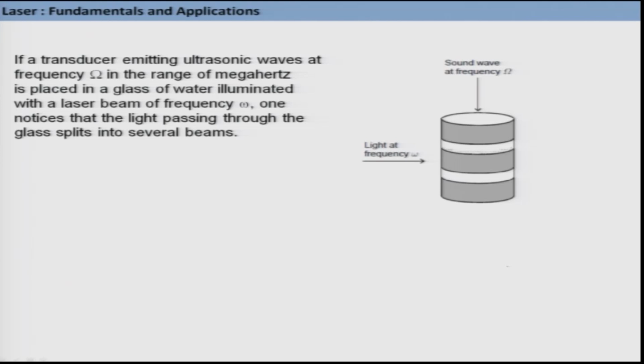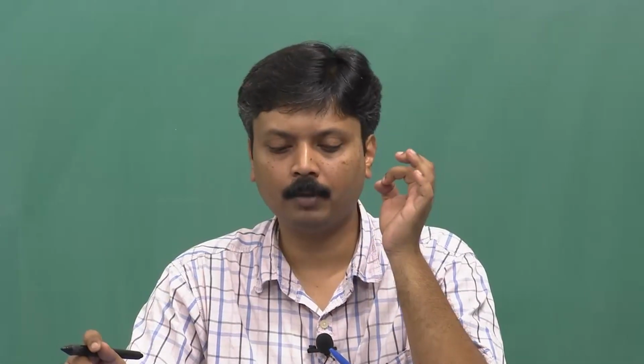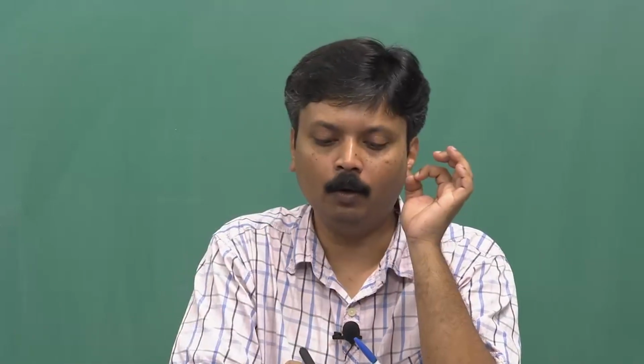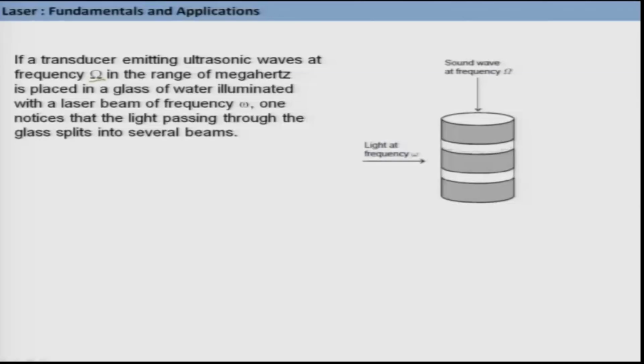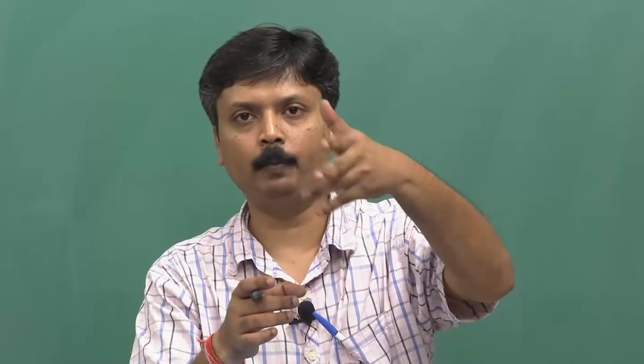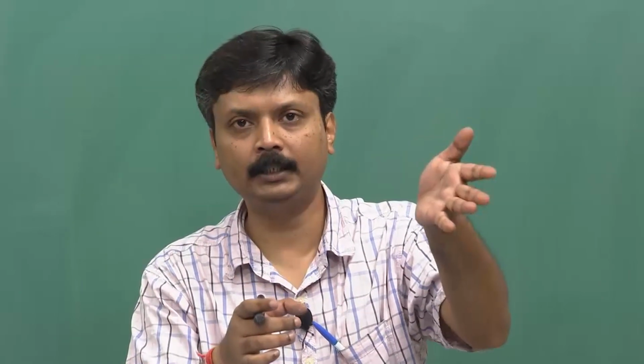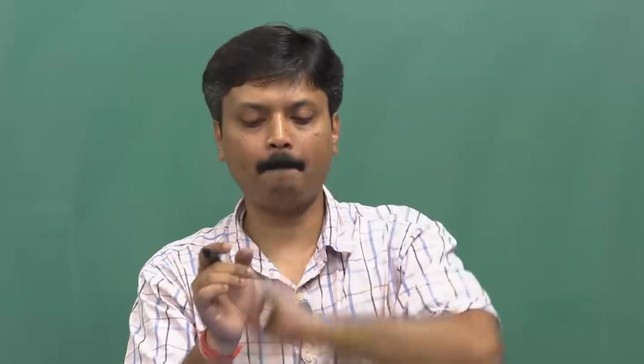Now, suppose I have an acousto-optic transducer which is emitting an ultrasonic wave at a frequency capital omega, maybe a megahertz, and I place that transducer in a glass of water. So take a glass of water, take your transducer which emits an acoustic wave in the range of say 10 power 6 hertz, and put it there.